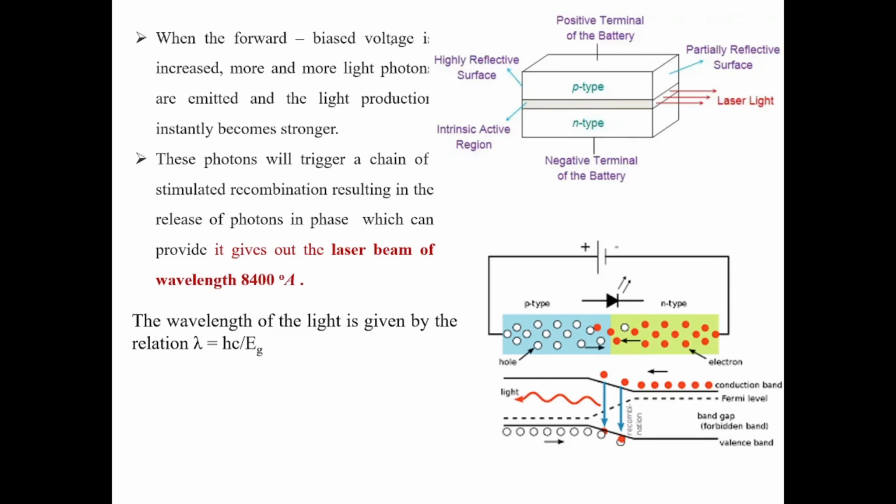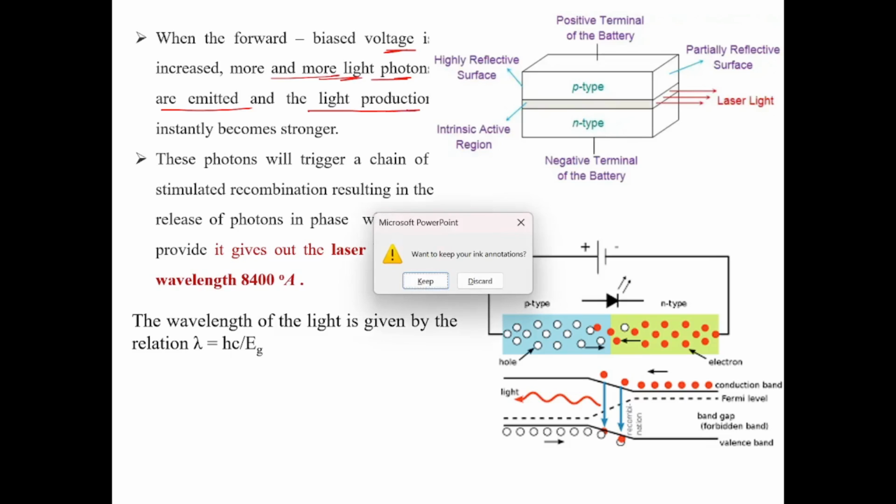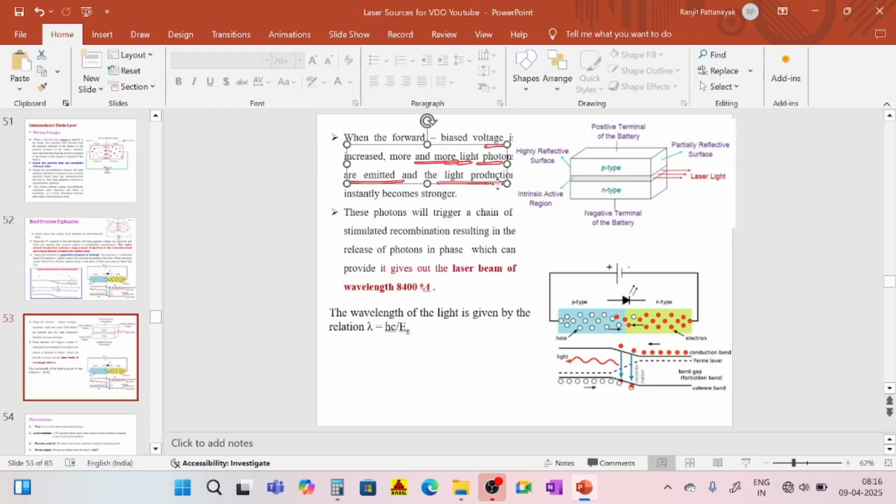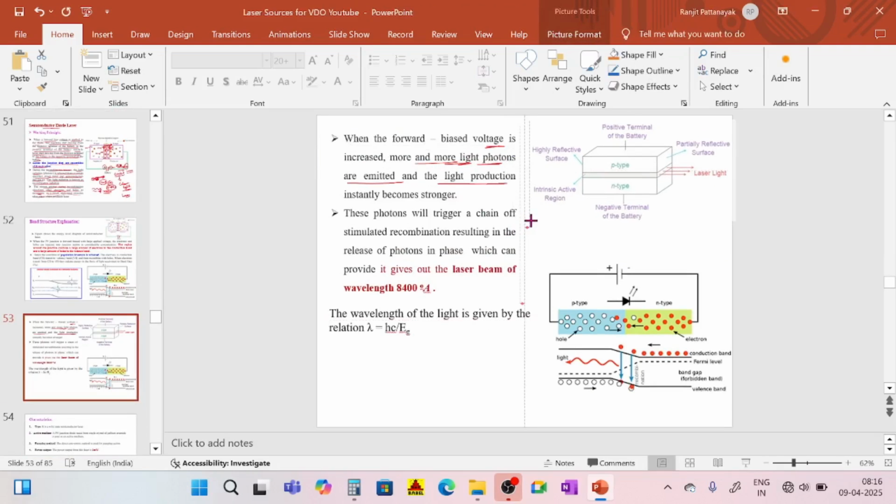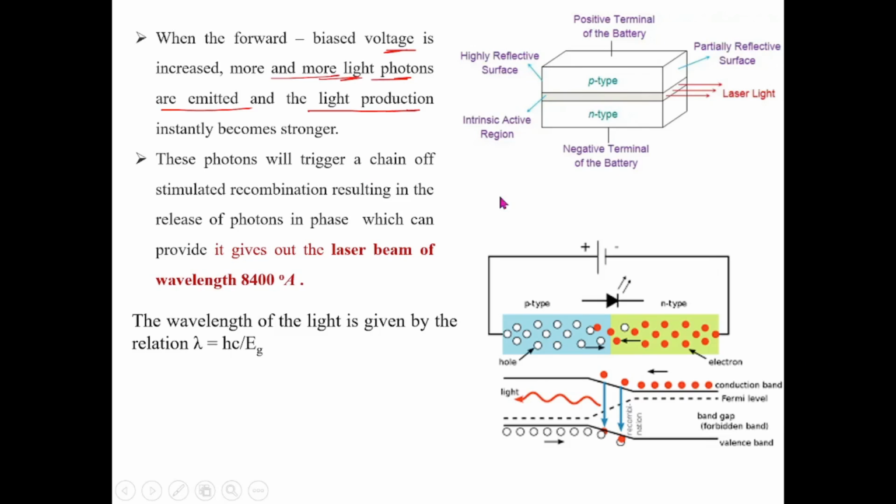When the forward bias voltage is increased more and more, light photons are emitted. So light production instantly becomes stronger.